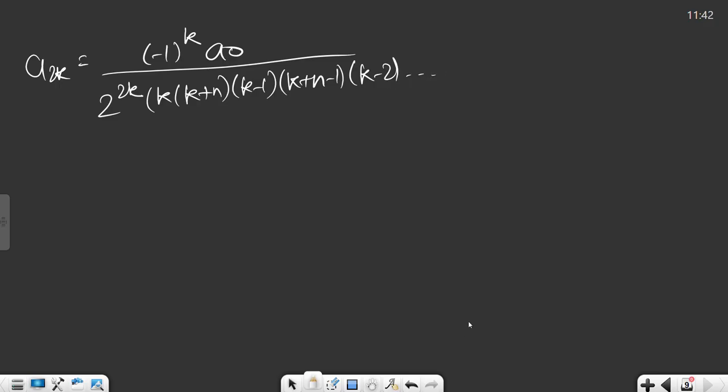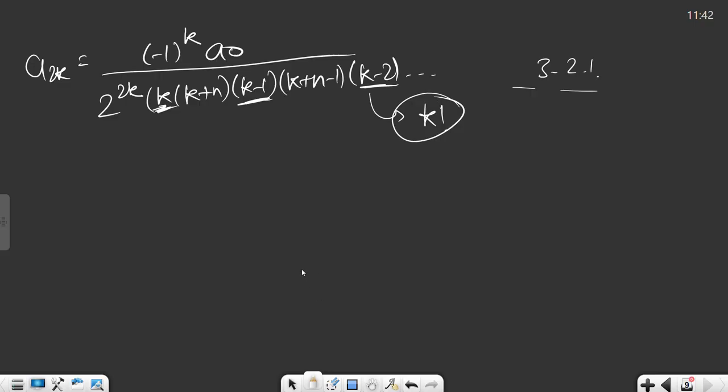So k vanishes, and in the last you're going to have 3 times 2 times 1. So when you talk about this k, k minus 1, k minus 2, down to 3, 2, 1, that becomes k factorial.